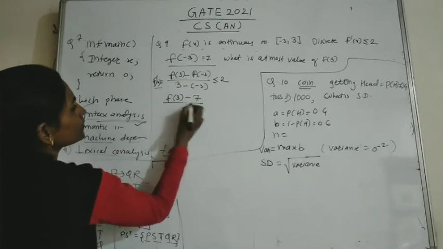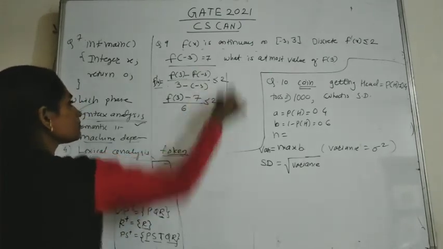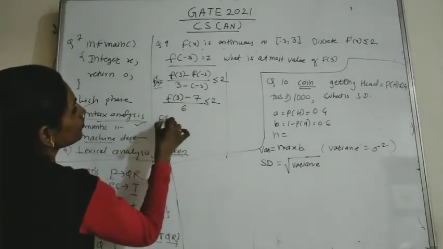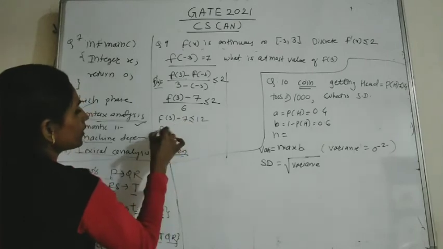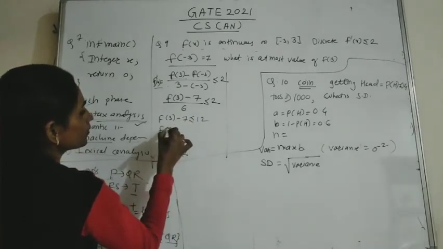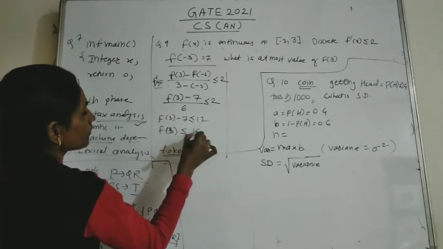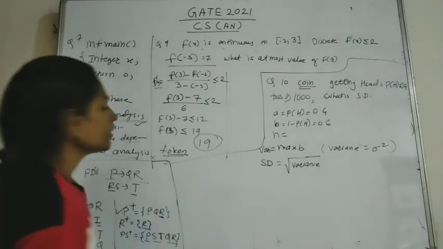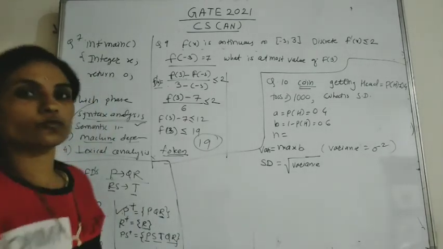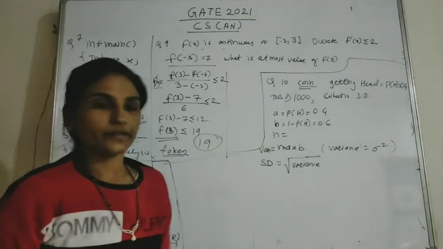So put the value of 7, 3 plus 3 is 6, less than or equal to 2. So f of 3 minus 7 is less than or equal to 12. F of 3 is less than or equal to 12 plus 7, 19. The answer is 19. The maximum value for this f of 3 is 19.